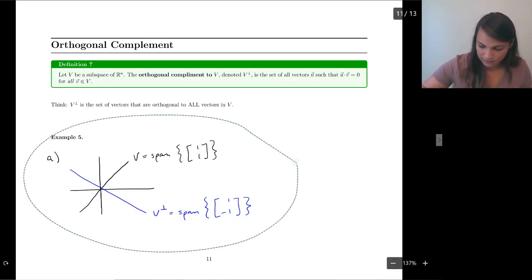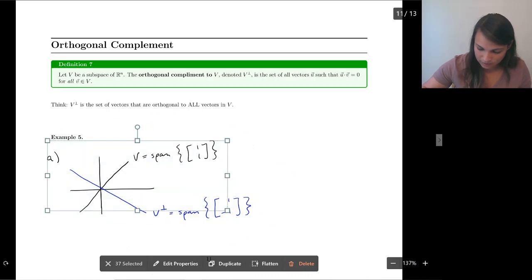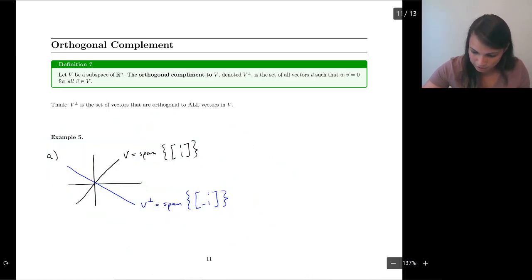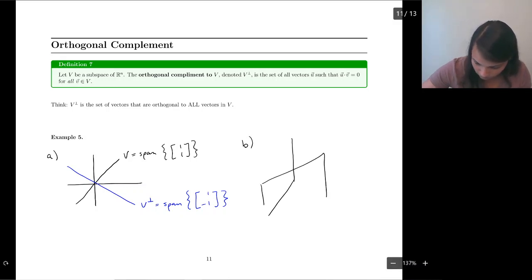Another easy visual example for us is a plane through the origin. Let's do this plane, like that.